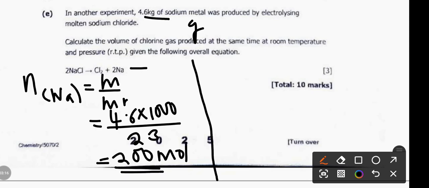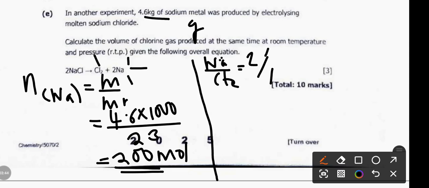Then the second part is where we compare the stoichiometric ratios of the products so that we find the number of moles of chlorine gas. So what we have is that Na over chlorine is equal to 2 over 1, because the stoichiometric ratio of sodium is 2 and the stoichiometric ratio of chlorine gas is 1.